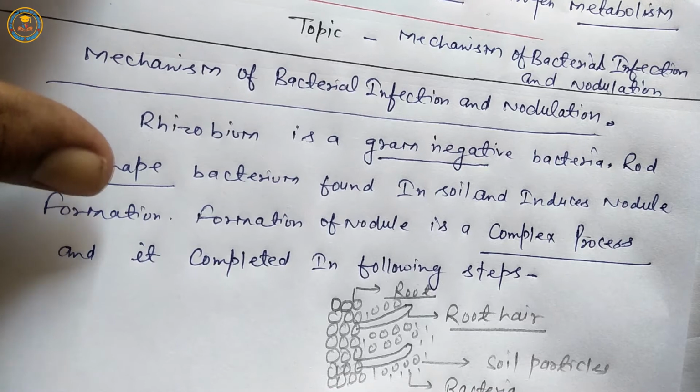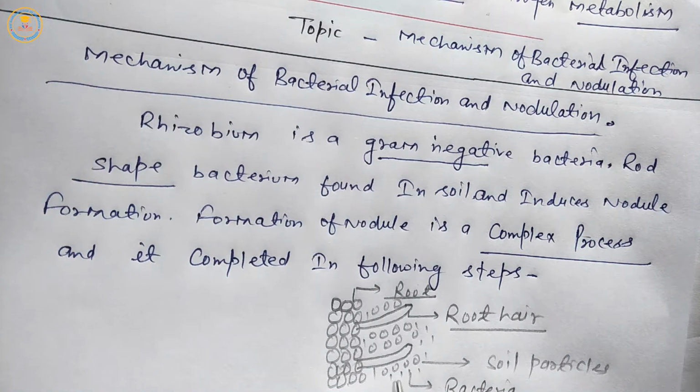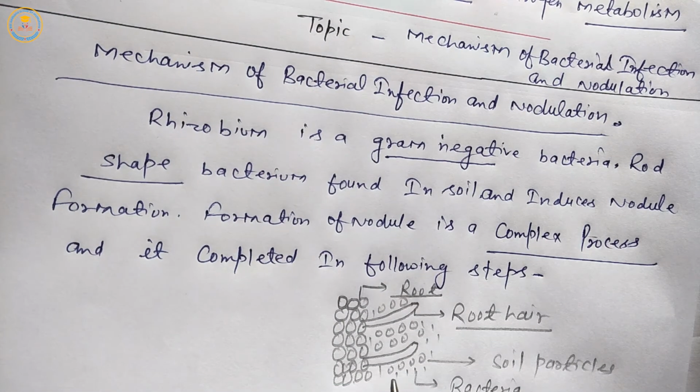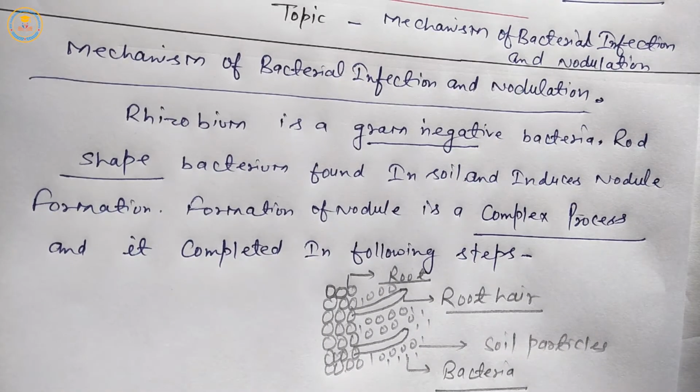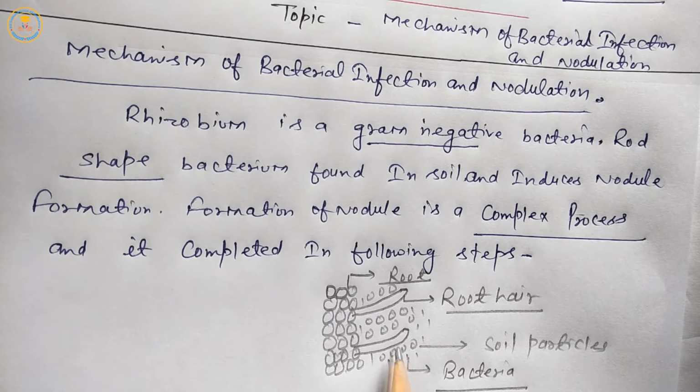Students, the legume plant secretes a specific glycoprotein, lectin. Once again, in the first step of formation of root nodules, the legume plant root secretes a specific glycoprotein lectin. The lectin attracts rhizobium bacteria or rhizobium species towards the root.